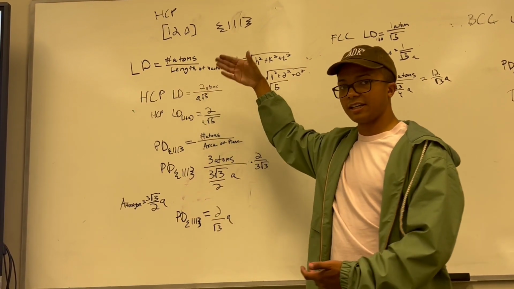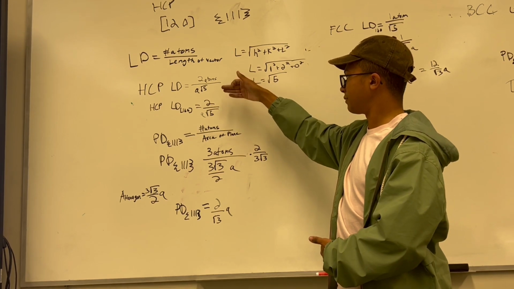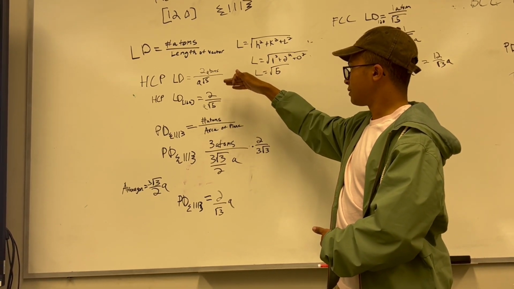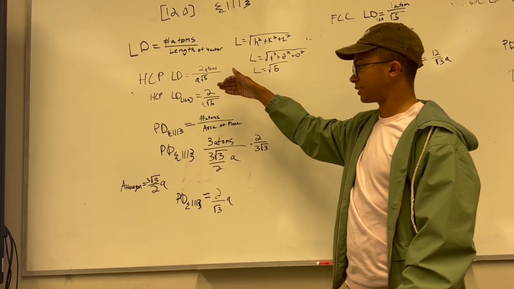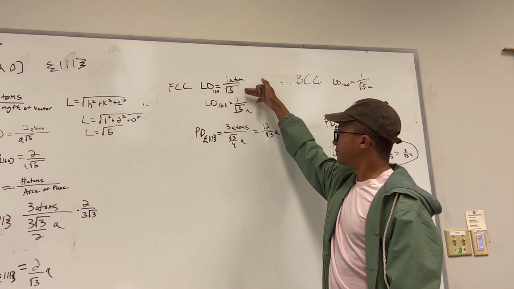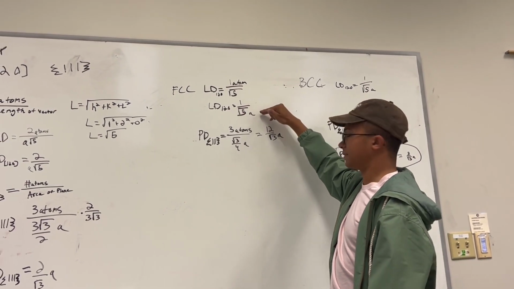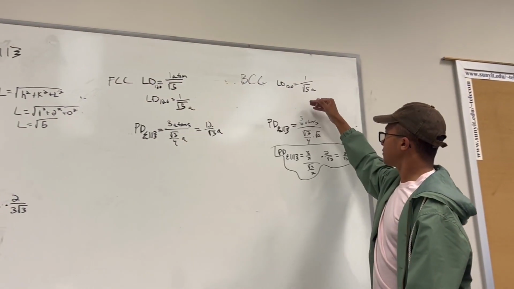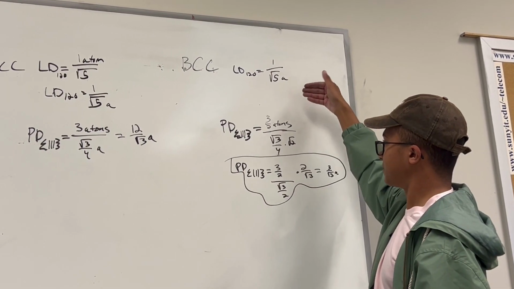The number of atoms in an HCP structure on that vector is going to be 2, so it's going to be 2 over radical 5 times a for an HCP structure. For an FCC structure, 1 atom, same length once again, so it's just 1 over radical 5 times a. BCC structure, it's the same thing as FCC, so 1 over radical 5 times a.